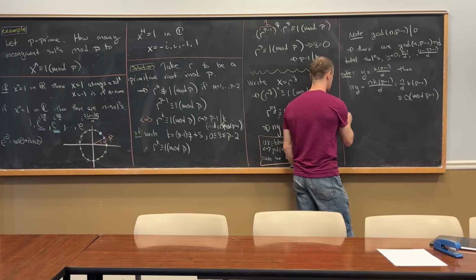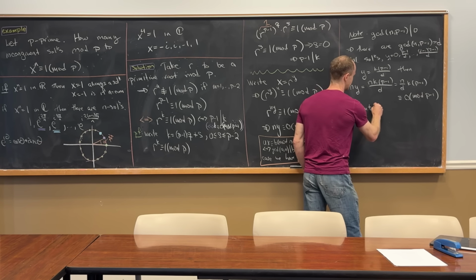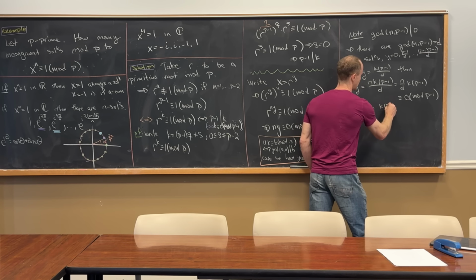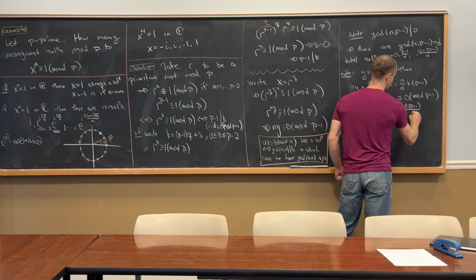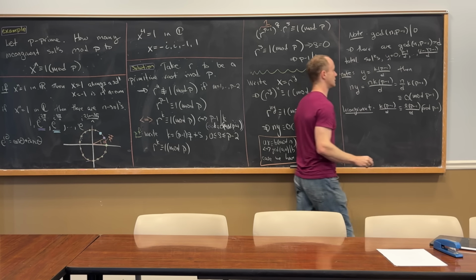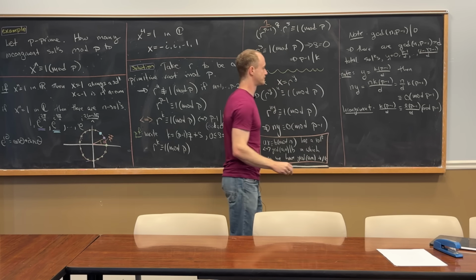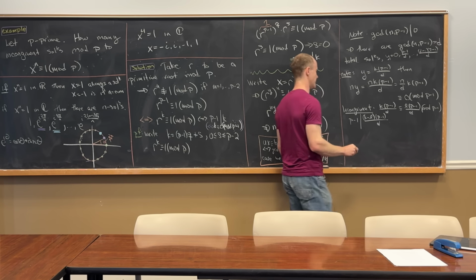And now let's show that they're incongruent. Let's say that k times p minus 1 over D is congruent to L times p minus 1 over D mod p minus 1. So what does that mean? That means that p minus 1 divides k minus L times p minus 1 over D, right?